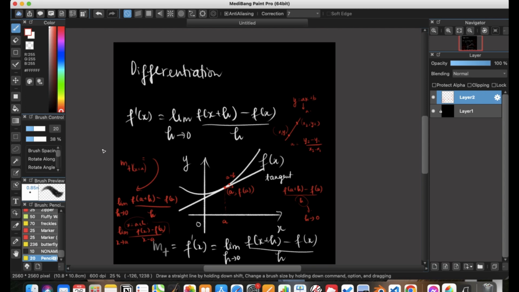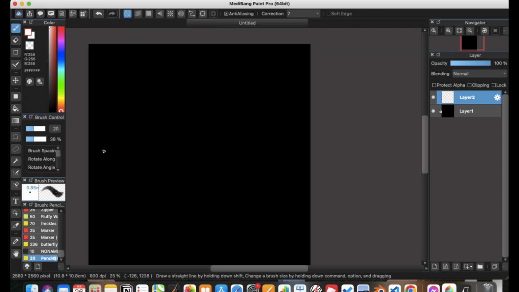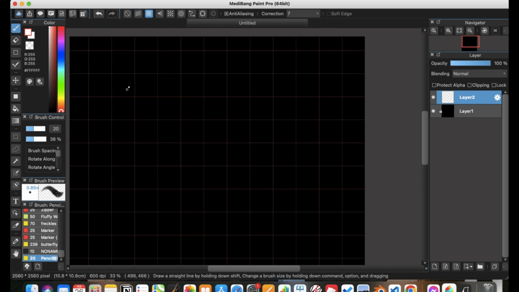Okay, so sometimes a function cannot be differentiable, which means you cannot determine the slope of the function. So for instance, I'm going to draw some of the cases.